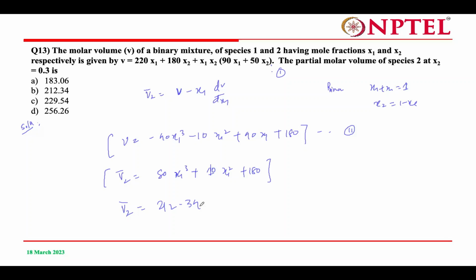Right. So here the unit is cube per kilomole.